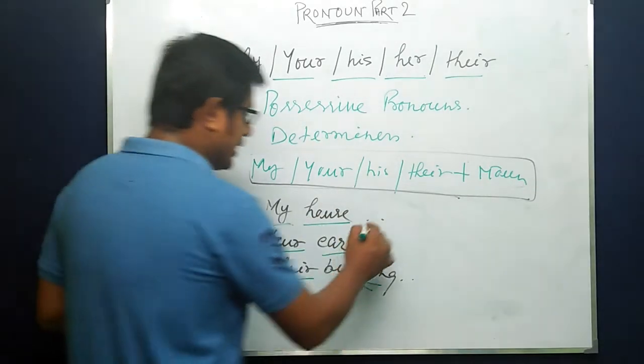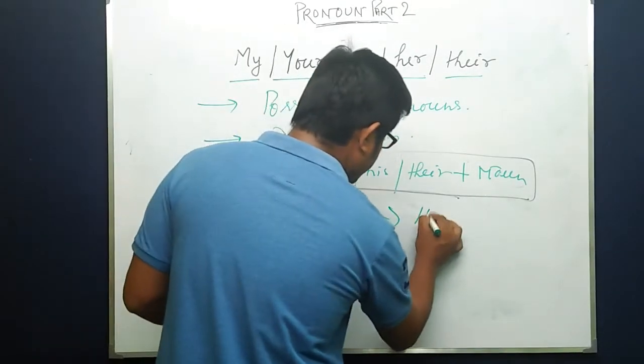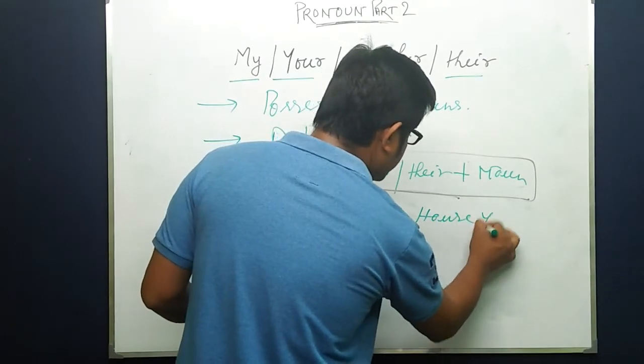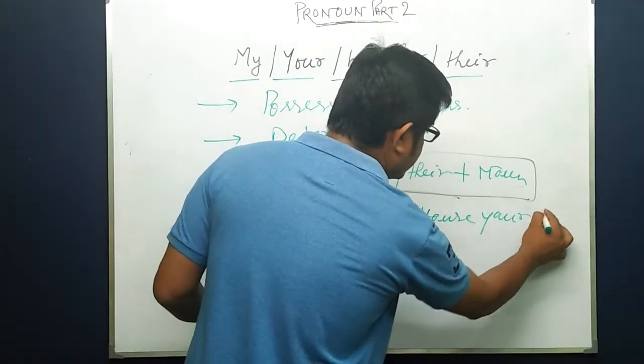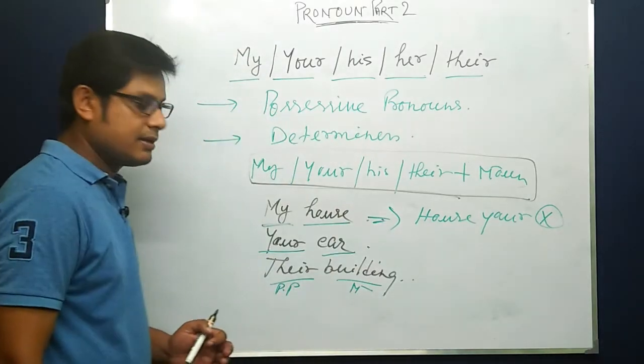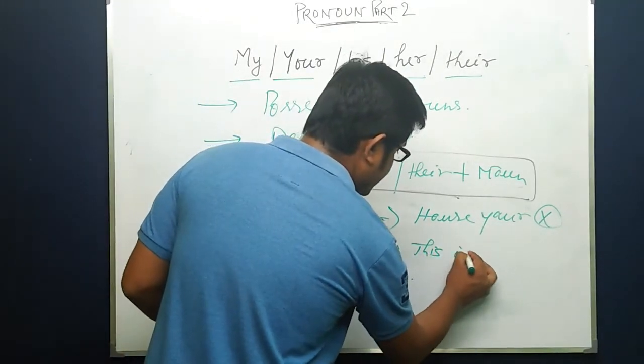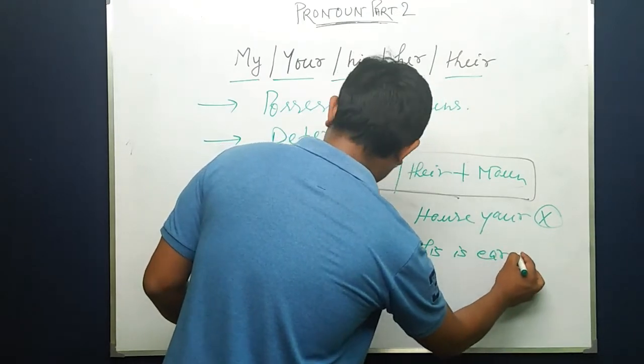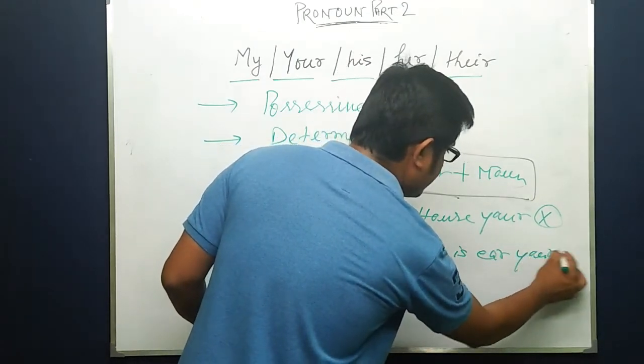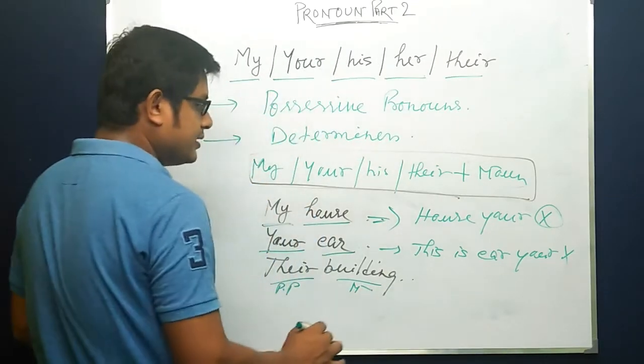Suppose you write house your, then it is wrong. Clear? Or if you write this is car your, this is completely wrong.